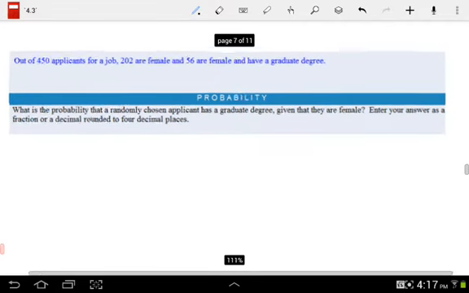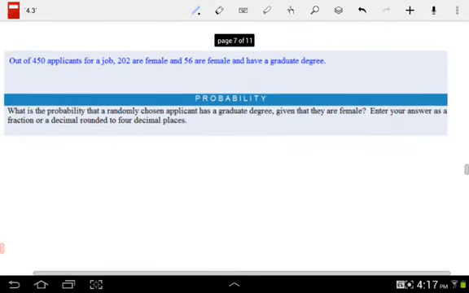On this one, you'll probably notice that I'm not really using the formulas. I'm using the notation, but I'm using more of a common sense idea than those formulas.